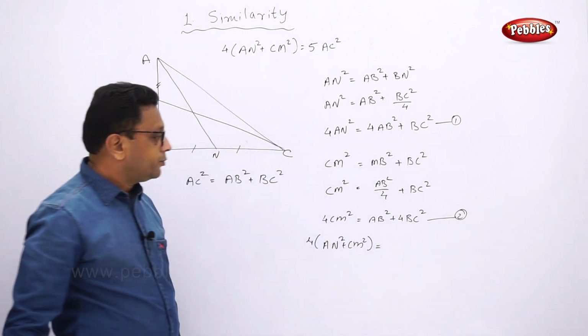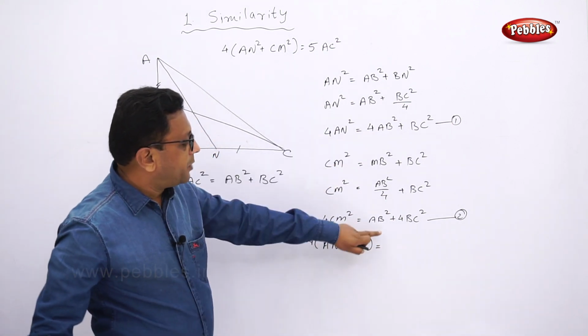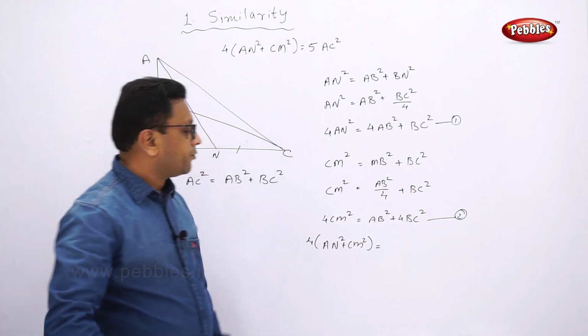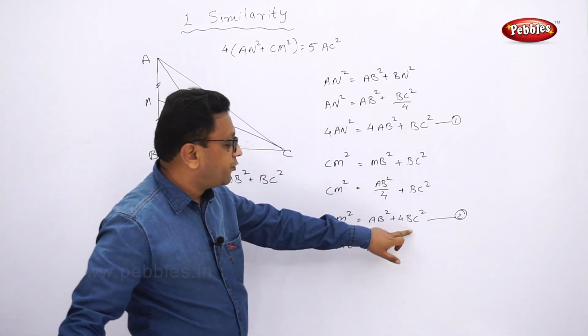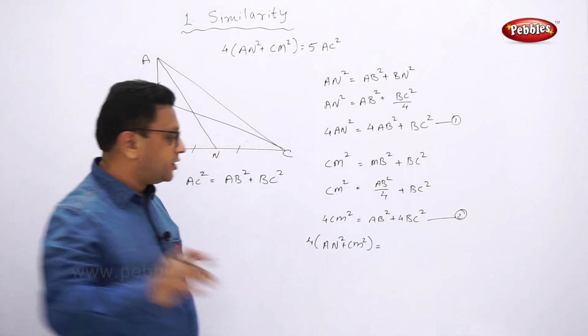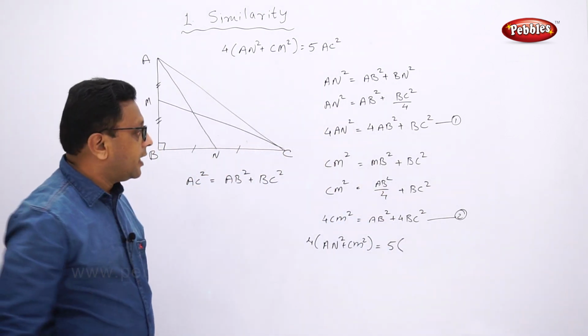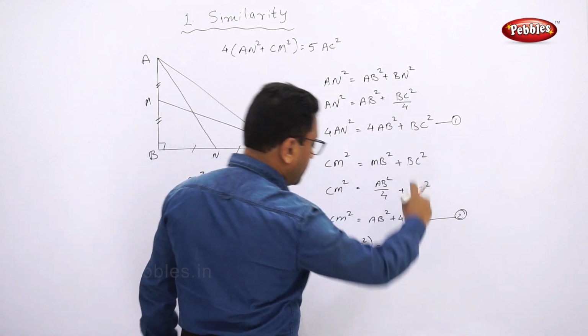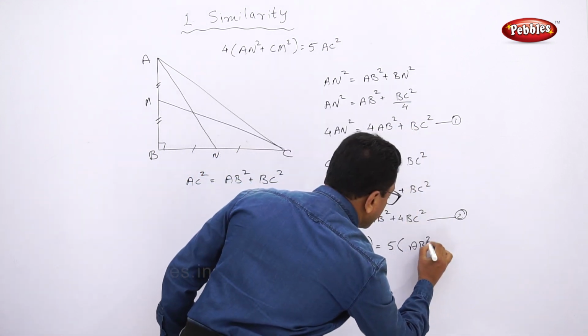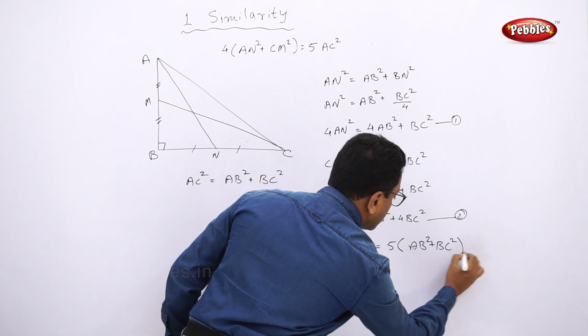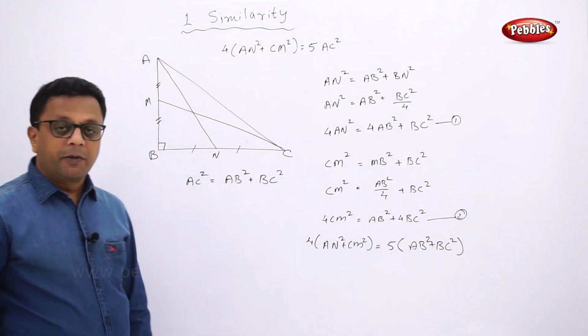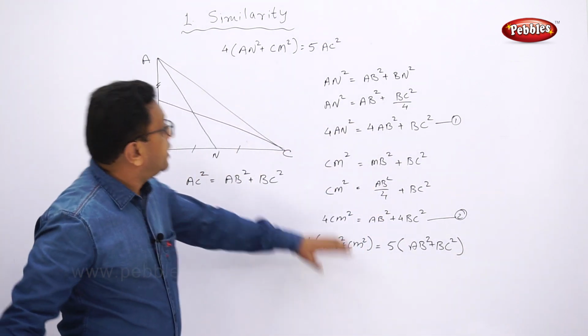What will be equal to? 4AB square plus AB square is 5AB square, and BC square plus 4BC square is 5BC square. So can I take 5 outside the bracket and I will simply write AB square plus BC square? Simple. Now left hand side we got perfect.